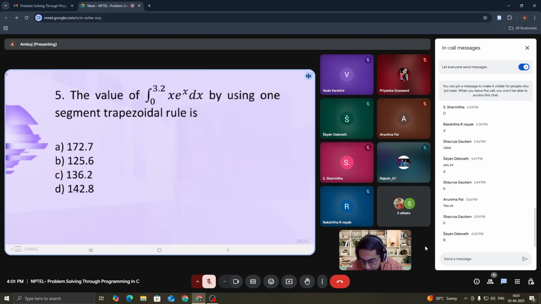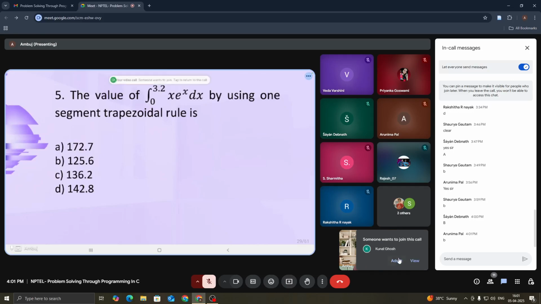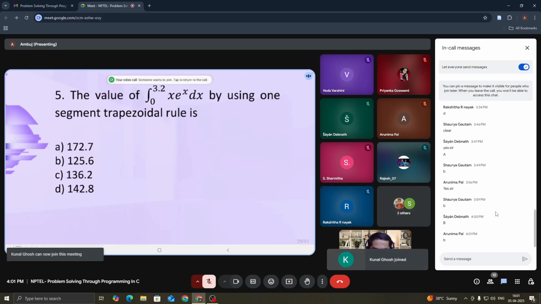Two students have answered. Very nice. Arunima has also answered it B. Good. Very nice. It is indeed B, 125.6. When you solve, you will get it.